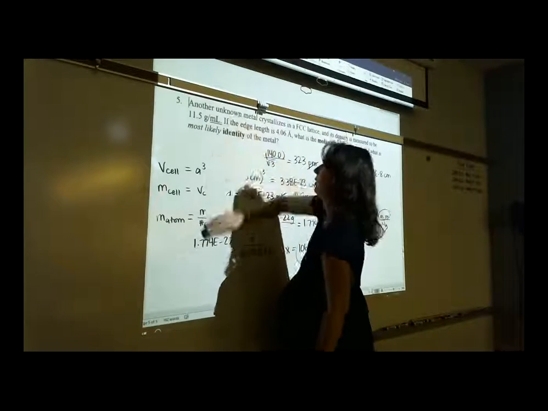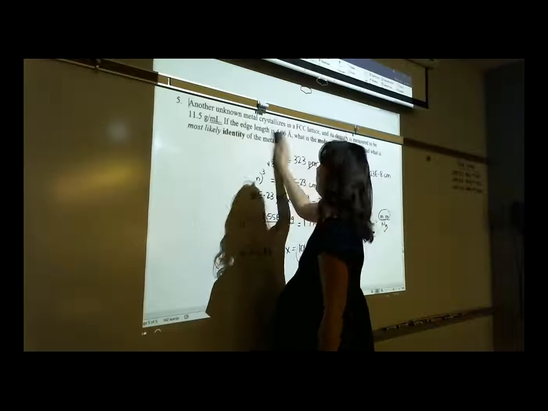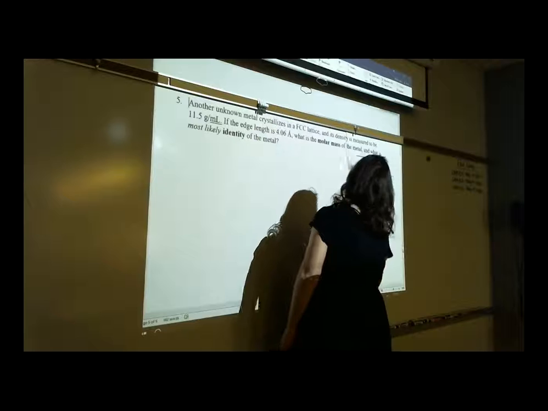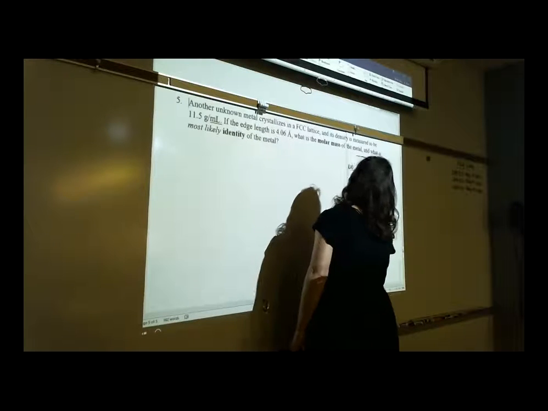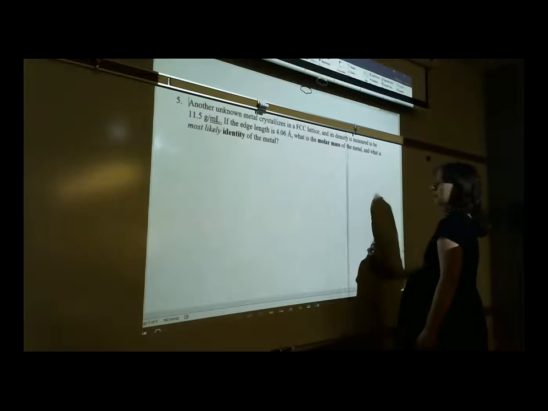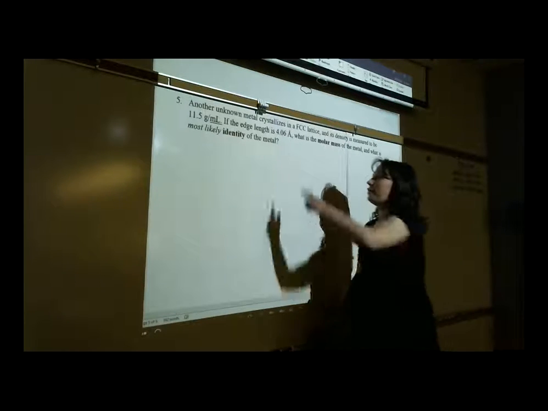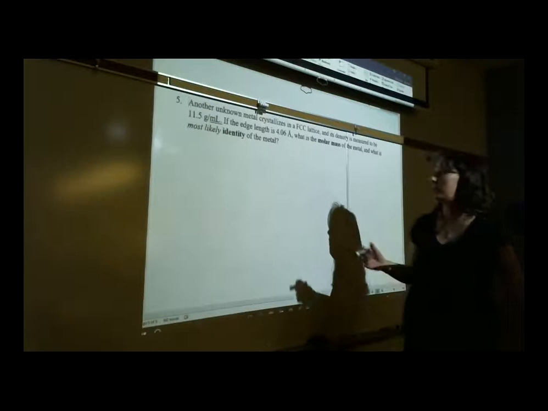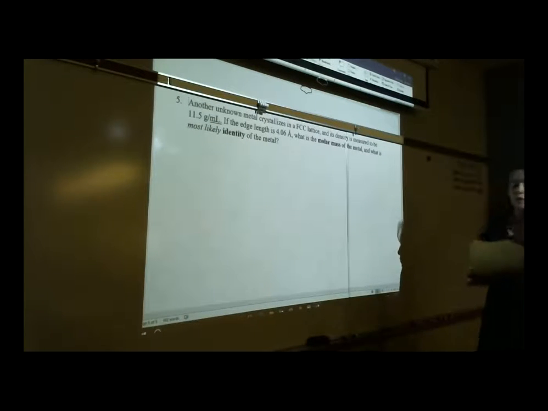So this time, we're told that it is face-centered cubic. We're given the density, and we're asked for the molar mass and the identity. This time we're given edge length, so we don't need to worry about converting a radius into an edge length, because it's already an edge length. We just want to convert that edge length into what unit? Centimeters, right?